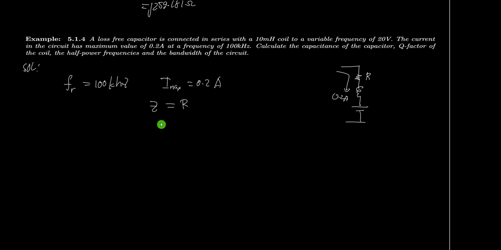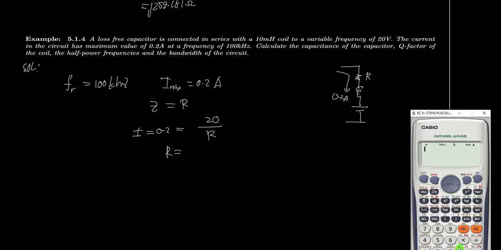So from that, we can use Ohm's law. The current now, which is 0.2, is just equal to the voltage, which is 20 volts, divided by the resistance R. So if we solve for R, that will be 20 over 0.2, and that is equal to 100 ohms.